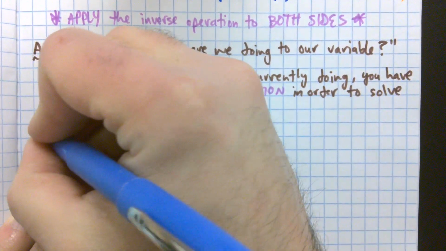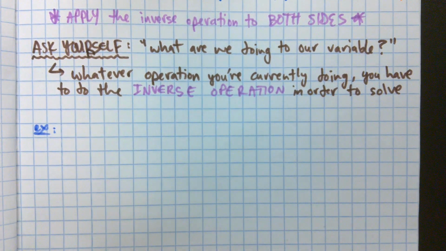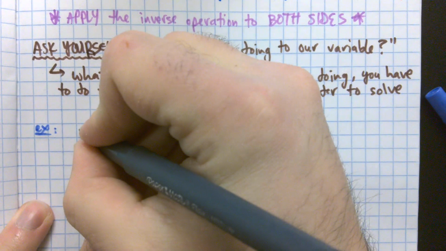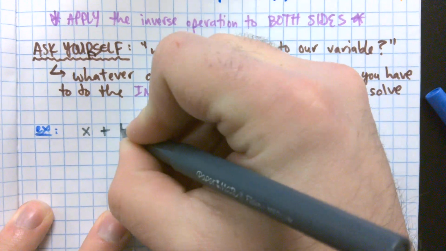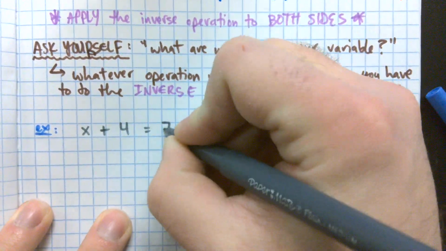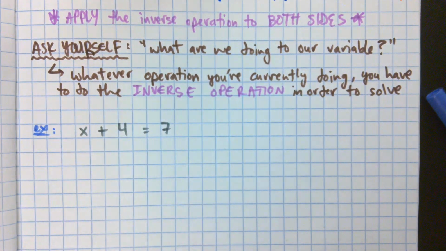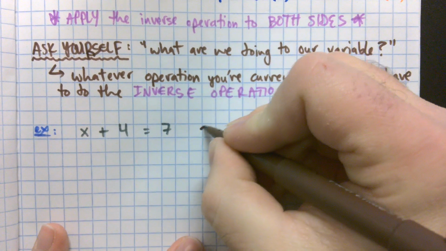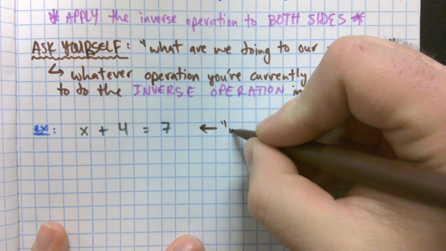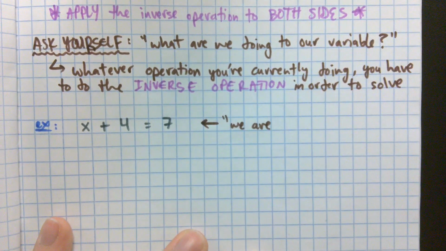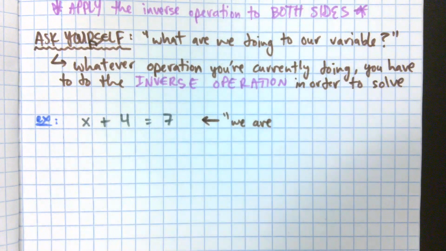Let's take a look at our first example. Let's say we've got x plus 4 equals 7. We're going to ask ourselves, what are we doing to our variable?